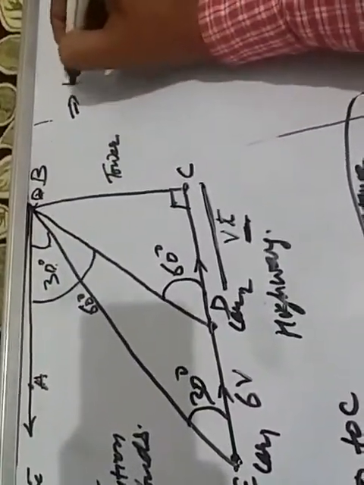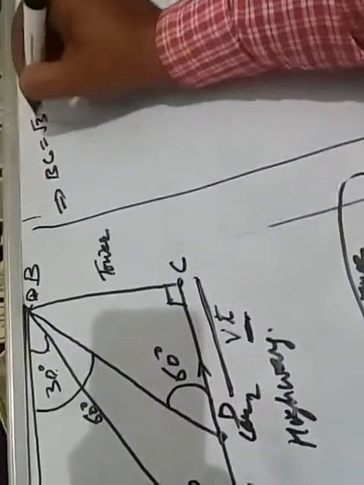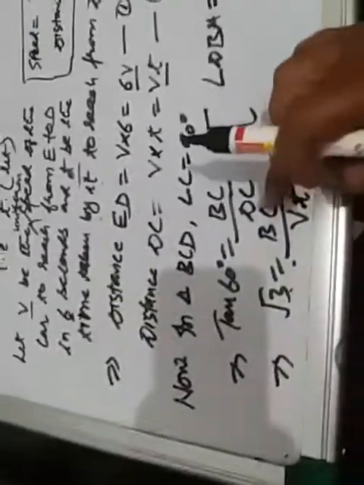This implies that BC equal to, we have to ultimately find out the time taken, so BC equal to root 3 VT. Clear? Let it be equation number 3. Right? From here BC equal to root 3 VT. Clear?